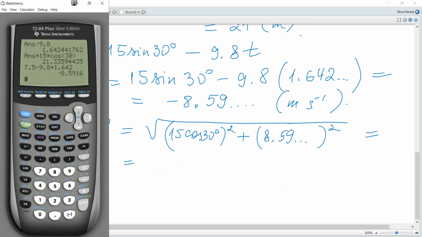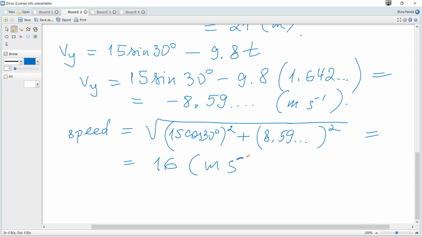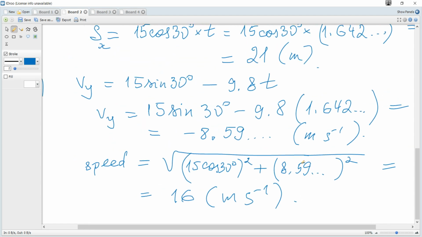So answer squared plus 15 times cosine of 30 also squared, and then square root or just to the power of a half, and we get 15.6 or 16 meters per second, and it's the required, the greatest speed. And that's all for this question.